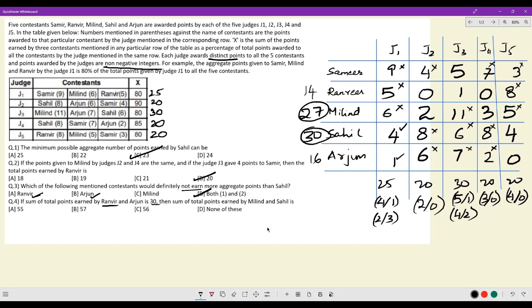If Arjun and Ranveer have 30 points, these two are the points that I distribute here. And the sum of total points earned by Milind and Sahil is 27 and 30. 8 plus 8 plus 11, 27. Yes, then the answer has to be option B.